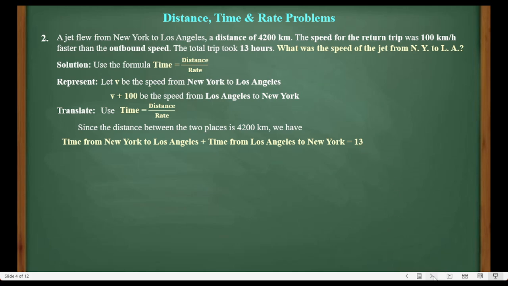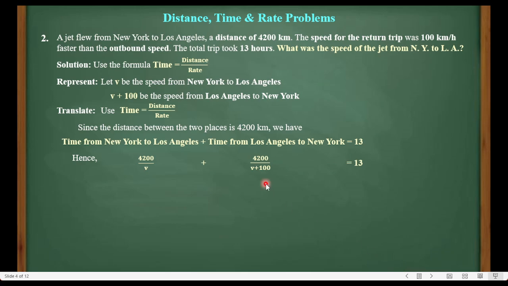And expressing the time in terms of the ratio of the distance over rate, for each term we have 4,200 divided by v plus 4,200 divided by the quantity v plus 100 equals 13.